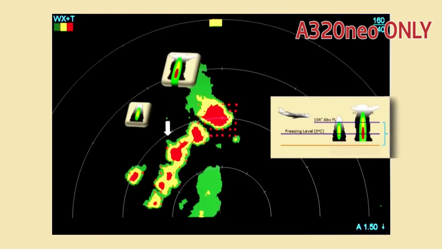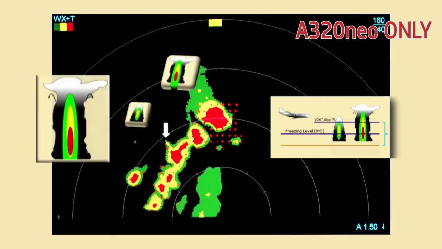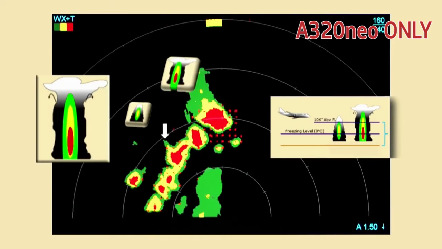Second, during the mature stage of thunderstorm development, strong updrafts carry moisture aloft, with the result that there is high reflectivity at cold temperatures. These mature cells create lightning and hail potential and produce very strong turbulence. What's more, because the strong updrafts associated with these thunderstorms can exit the top or sides of the cell, the potential danger area for hail and turbulence can extend well outside the cell boundaries.